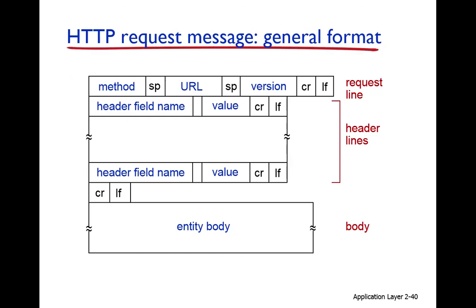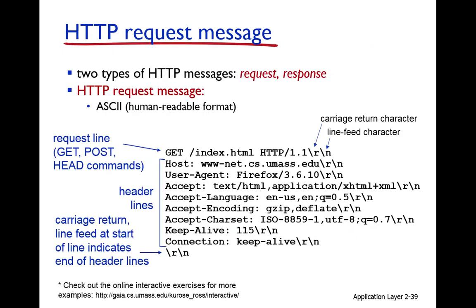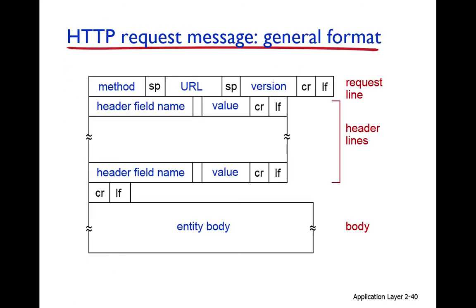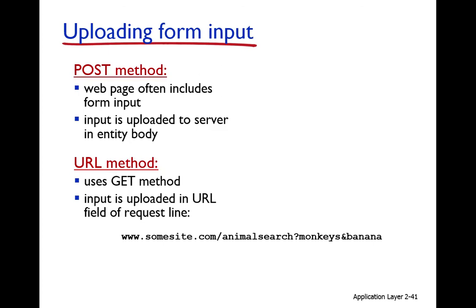We have discussed just one method, and that method was the GET method. There are also some other methods, so let's discuss these other methods. The method POST. The POST method is often used. Why is it used? Sometimes if you use the GET method, when you input the data, that data appears in the URL like this.